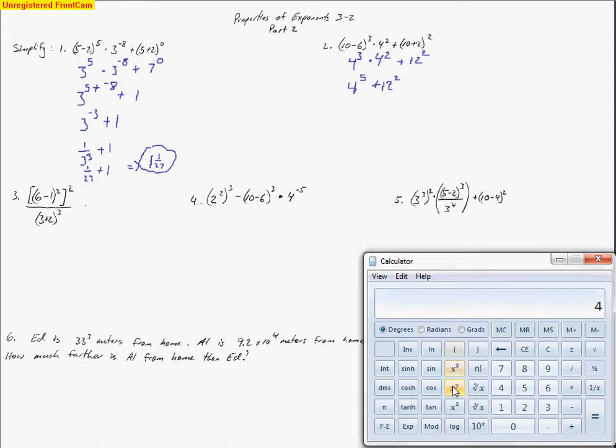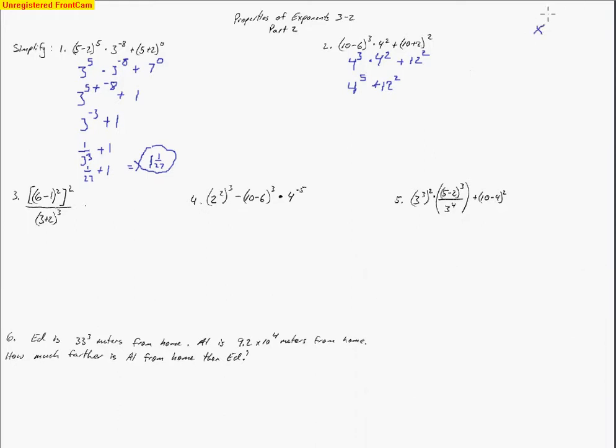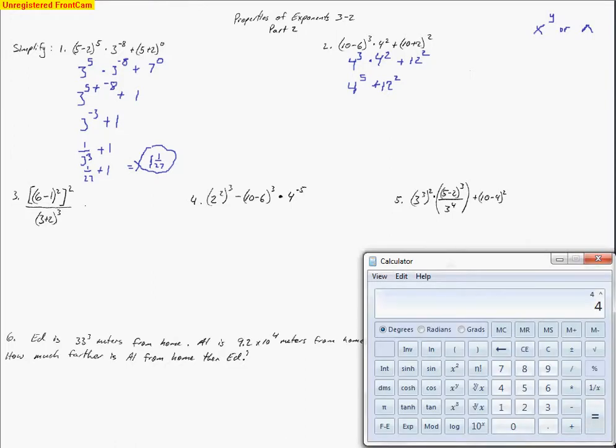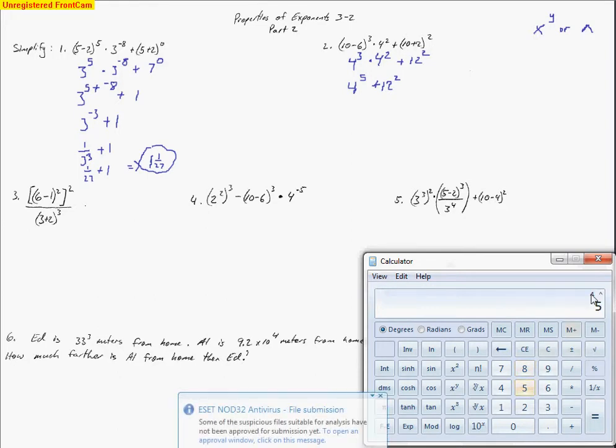So I'm pressing the XY button, and then in some calculators, instead of the XY button, they'll use this little feature here. So either look for an X to the Y button, or this button here that I call a caret. And once I press that, I'm going to press 5, and that says 4 to the 5th power, and then I press equals, and that gives me my numbers.